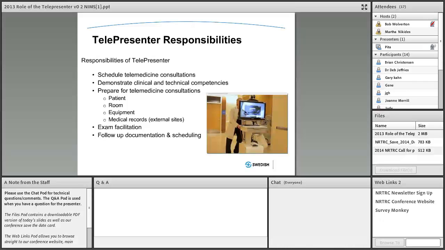So there's a phone call, and during that call there's a negotiation in terms of when the consult will be done, because the volume is such that we have nurses that have other duties. Depending on their workflow, they will have a conversation with the physician regarding timing of the consult.